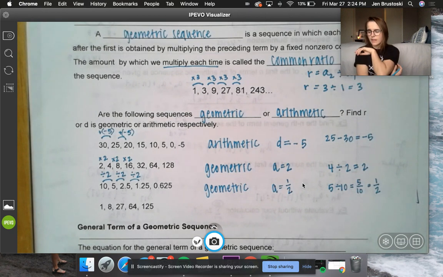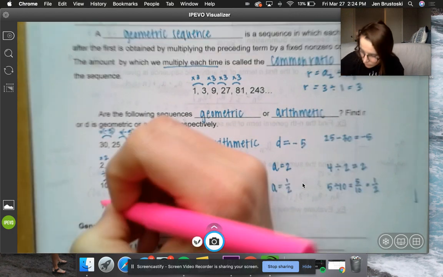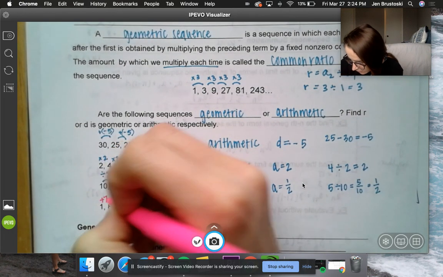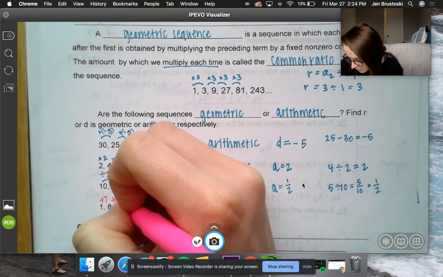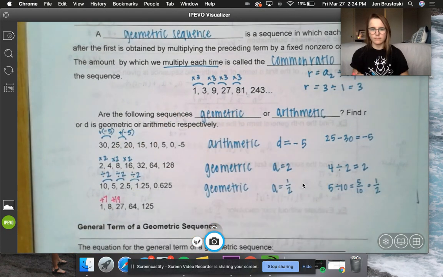All right, finally, in our last example here, our numbers seem kind of funny. I'm not noticing a pattern right away, but I'm going to go ahead and write out what we're adding each time. From 1 to 8, I add 7. From 8 to 27, I add 19. So we're not adding the same thing every time. That's not going to work.